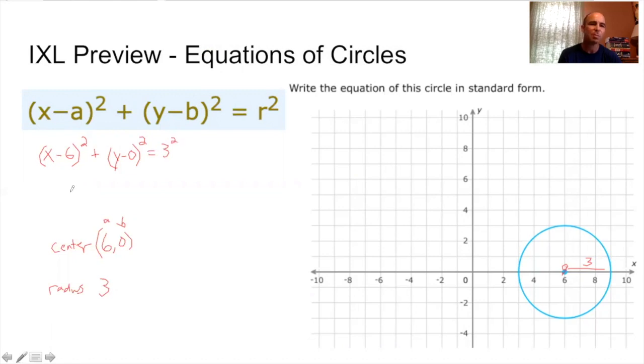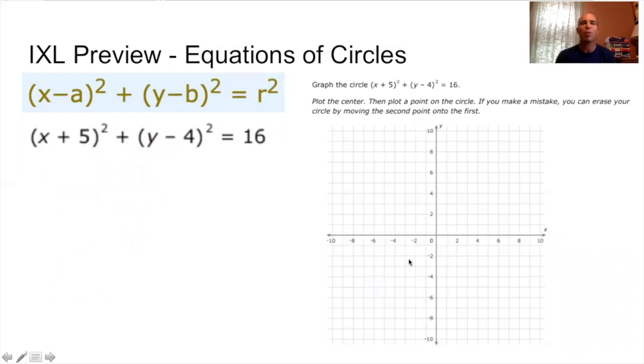Now, if you want to simplify that, just leave this as x minus 6 squared. Some of you are probably tempted to FOIL it. And who knows, maybe your teacher is asking you to. If so, of course, FOIL it. But the vast majority of problems, and vast majority of teachers, just leave it like that and you're good to go. So that is the equation for that particular circle.